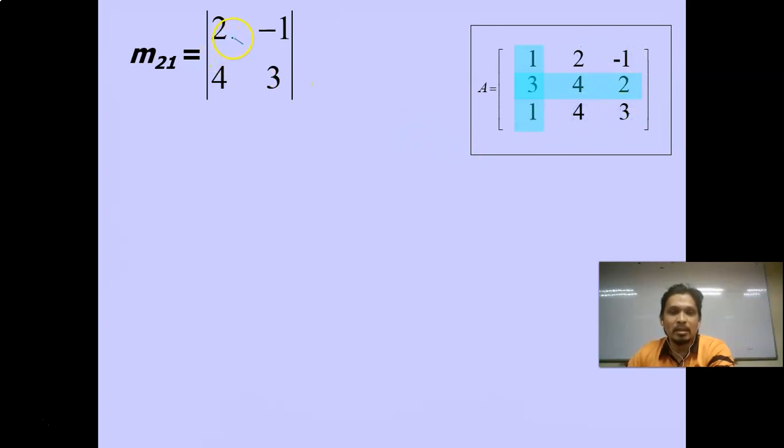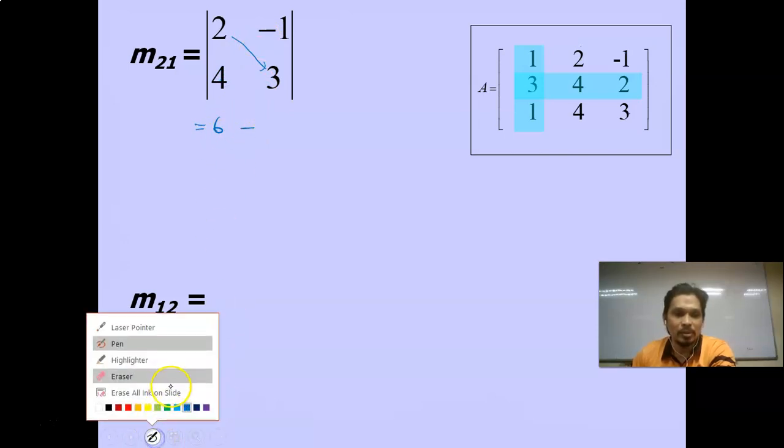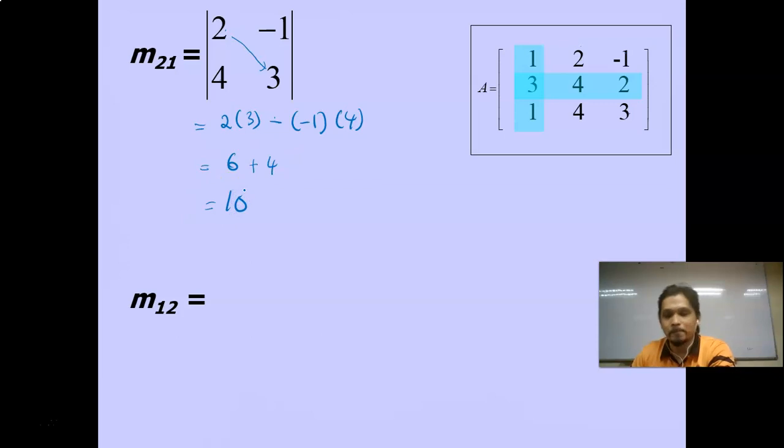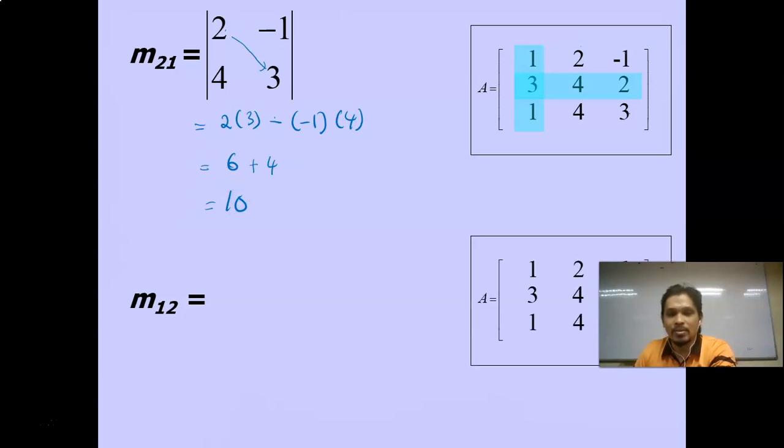So then 2 times 3 minus negative 1 times 4. I will write it as a proper multiplication. So 2 times 3 equal to 6, negative and negative positive, 1 times 4 equal to 4, then it equals 10.